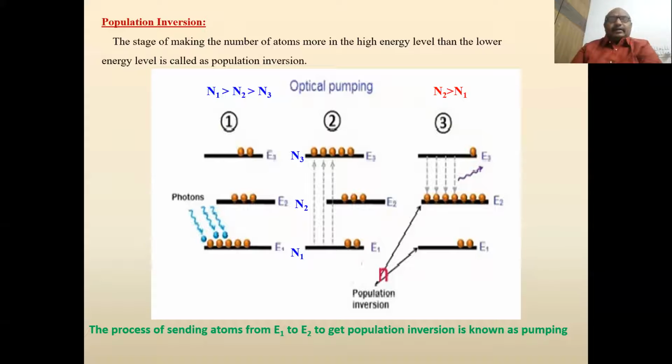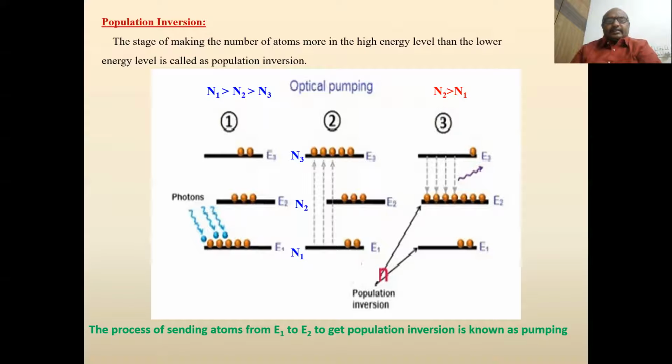Atoms in the ground level absorb a photon of energy hν and get excited. E2 is a metastable state, where atoms stay. If the population is maintained in the metastable state, the atoms collide with each other and light comes out through the partially silver-coated reflector. That light is called laser light.